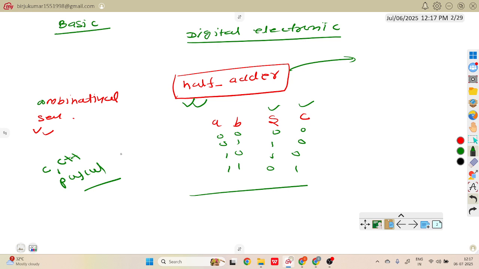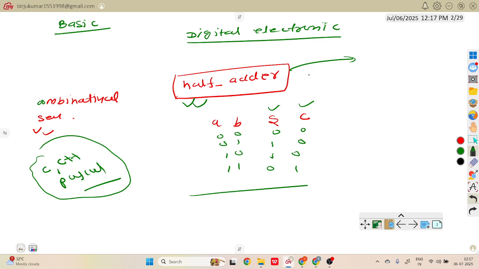I will tell the difference between them also. Those are programming based languages, where you write a program for anything, like for a string, or for adding two numbers. But here we will implement the half adder as a hardware.